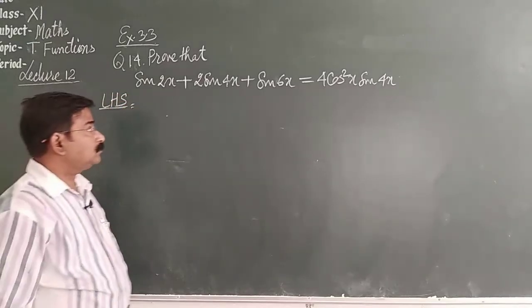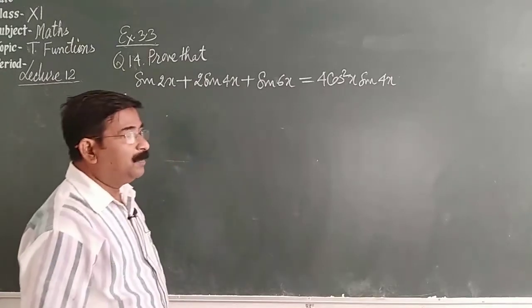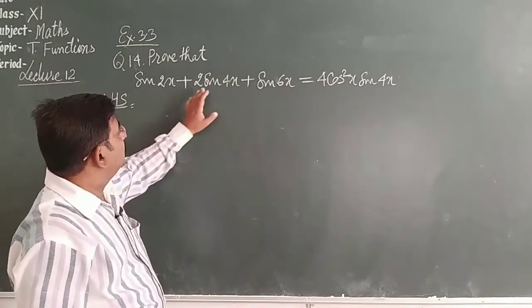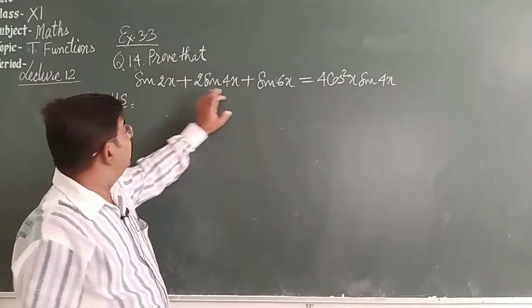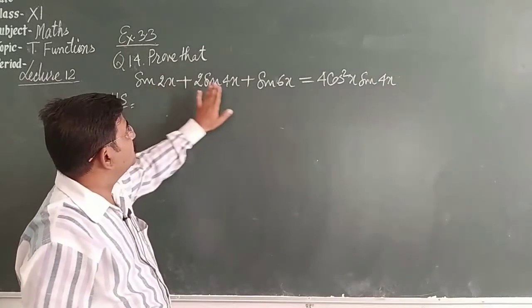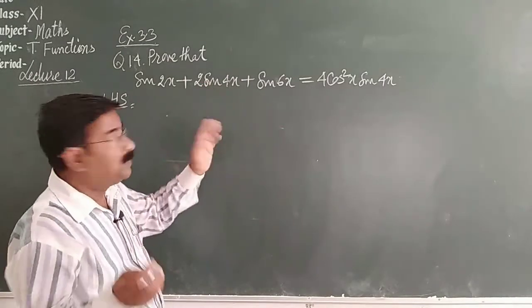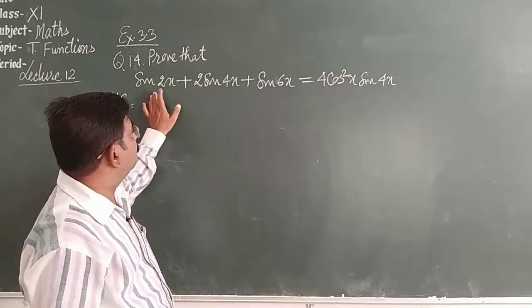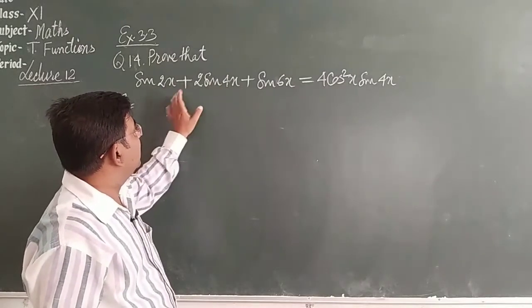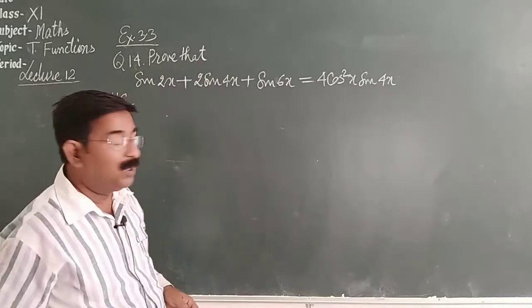See, this can be again solved by different methods. The best method is you can split this 2 sin 4x. We have three terms: sin 2x, 2 sin 4x, sin 6x. So this middle term we can split like sin 4x plus sin 4x, and one sin 4x can be taken this side and one sin 4x this side, and we can apply the formula.